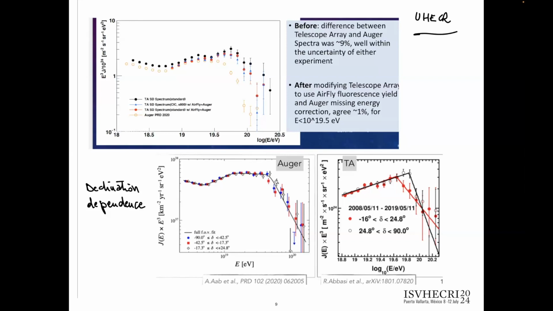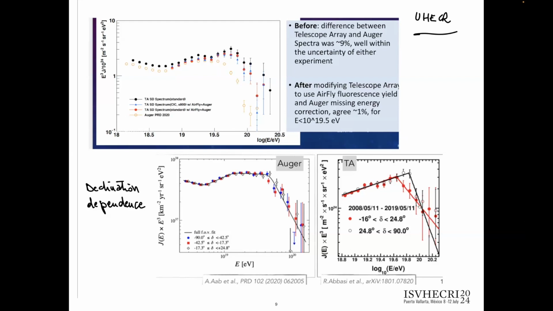The small differences that you see here, above 10^18 electron volts and above, are in agreement with the level of anisotropy that we see with the dipole. So we conclude that we don't see any declination dependence. On the other hand, the declination dependence is seen by Telescope Array.